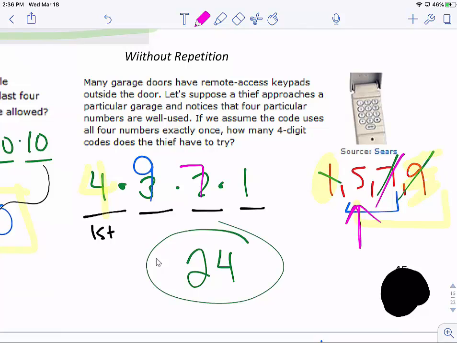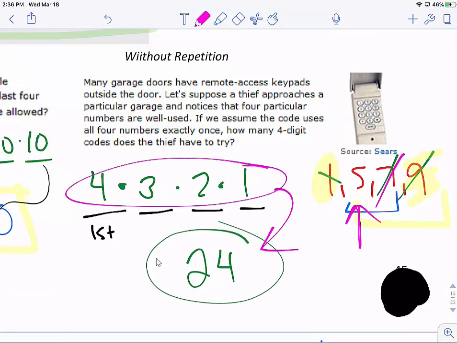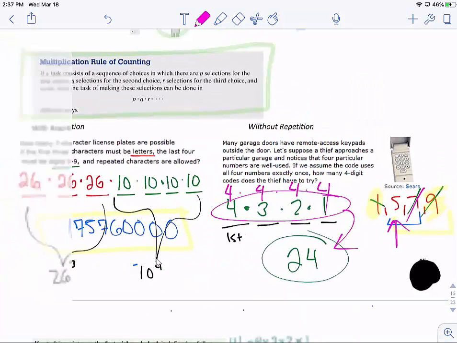And if you multiply those together, 4 times 3 times 2 times 1 is 24. Although we all know that if this was really a garage code, you could have repeats. So instead it would be 4 times 4 times 4 times 4 instead. All right, so that is the multiplication rule.